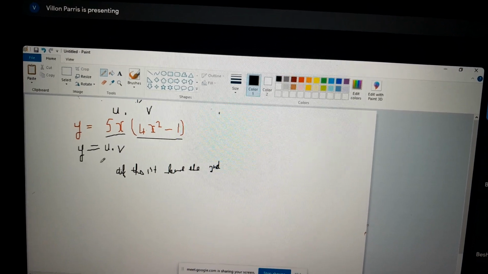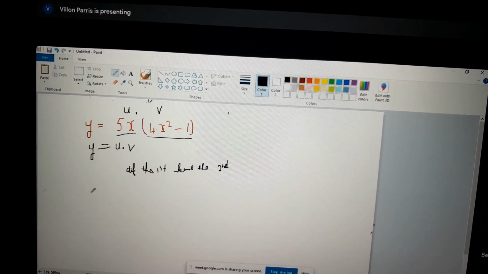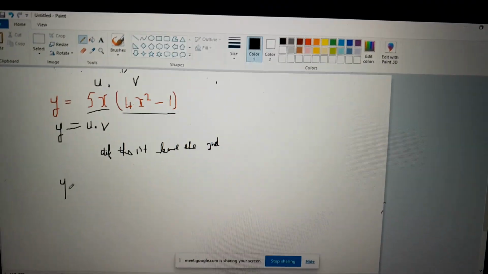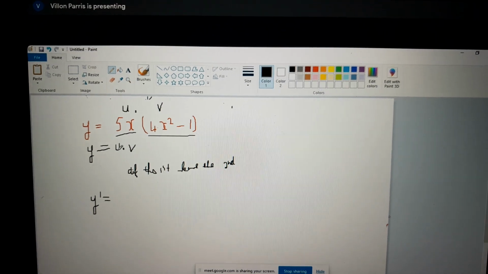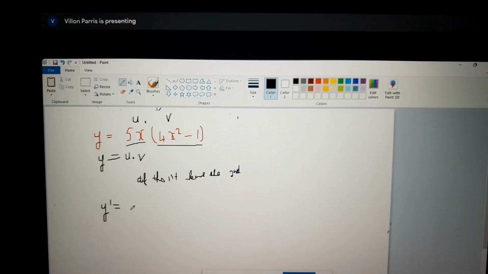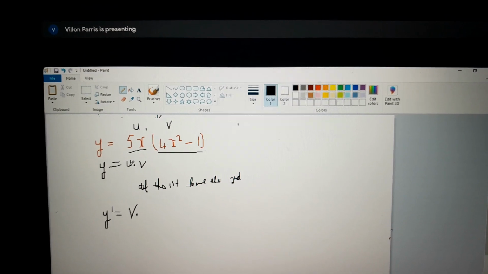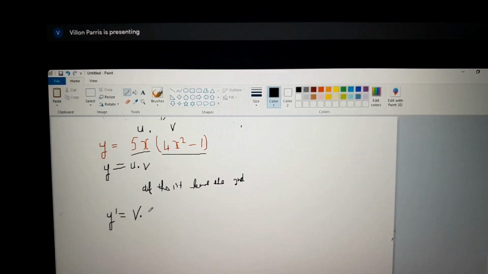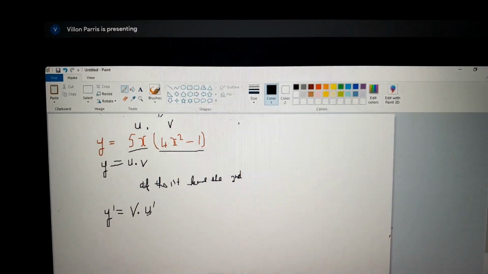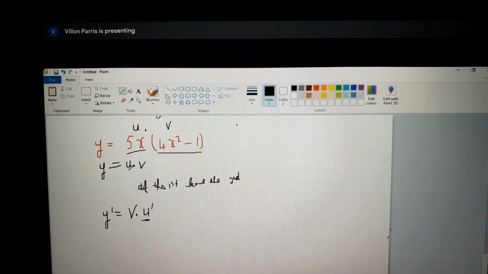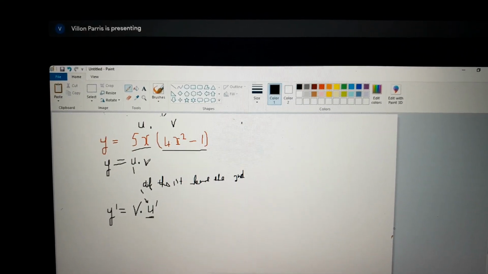Now, when you're doing the product rule, this is what you want to do. If we're differentiating the first, which is u, then I'm leaving the second, so I'll get v, and I'm differentiating the first, which is u, so I'll have u prime. So I differentiated the first, that's why I have u prime, and I leave the second, which is v.